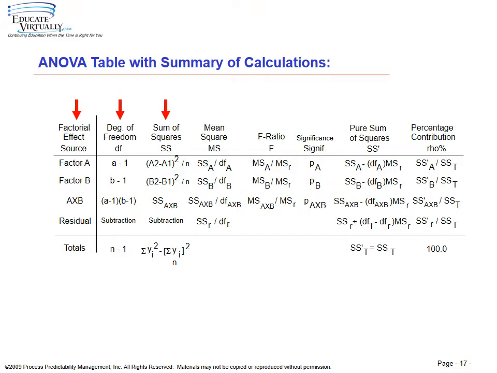Next, we have the sum of squares. These are calculated from the actual data in the experiment. The mean square is calculated by dividing the sum of squares by the degrees of freedom. The F statistic, or the F ratio, is the mean square divided by the mean square for the residual. Then we have the significance values.